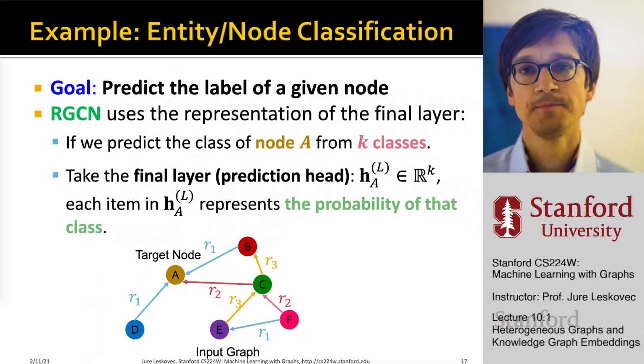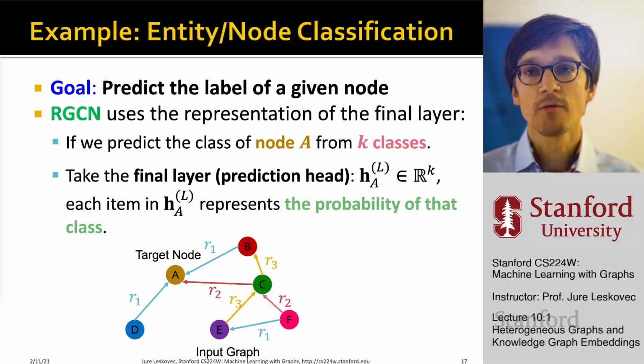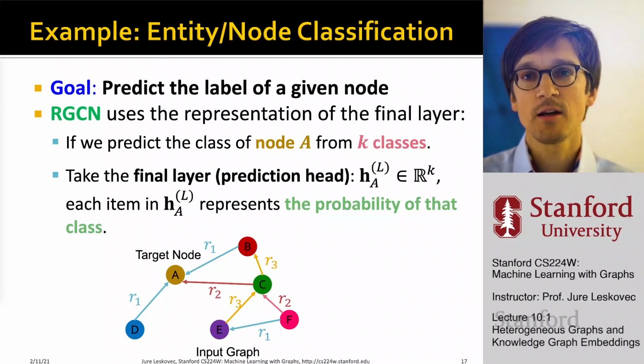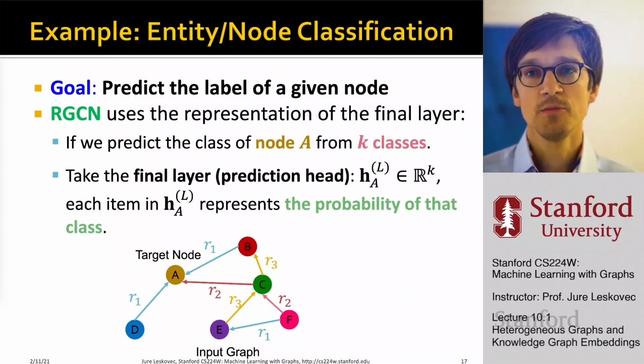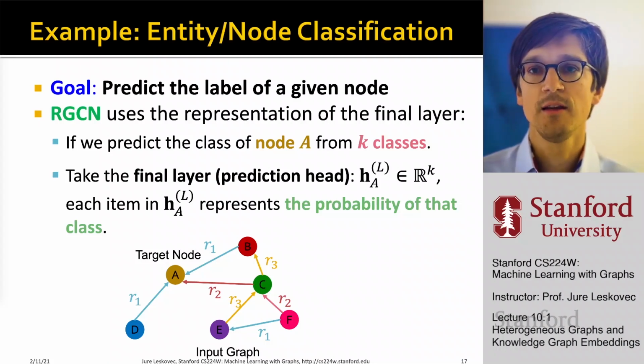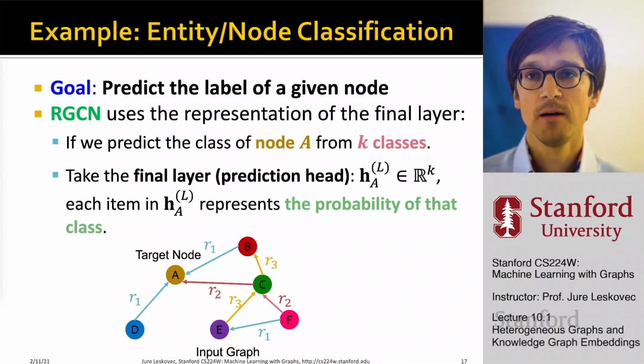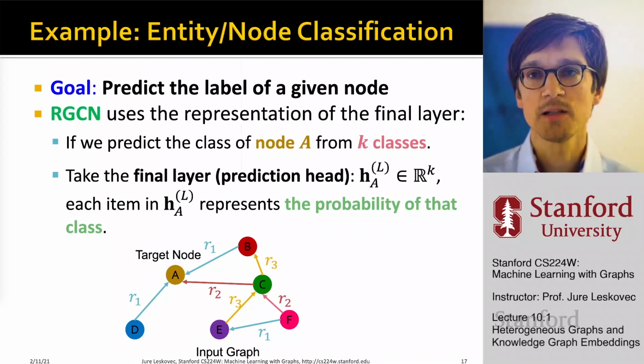One is the block diagonal structure of the transformation matrix W. The other is to cast learning of W as a dictionary learning problem, which means we assume there is an underlying set of, let's say, 10 different basis matrices, which we call the dictionary, and every relation-specific transformation matrix is simply a linear combination of the matrices from the dictionary. This also reduces the number of parameters, makes the method more robust, and speeds it up.